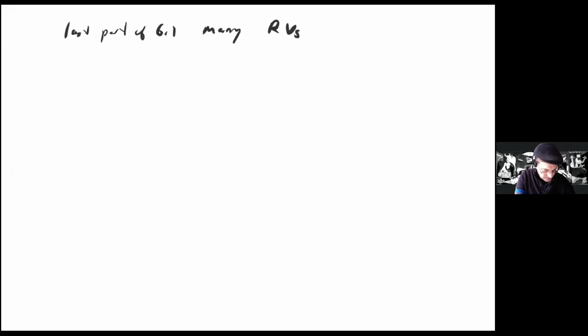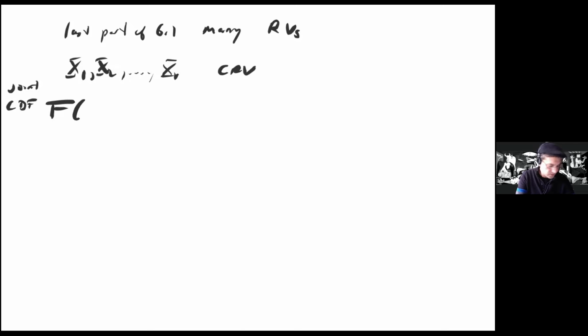So you have a bunch of them, say x1, x2, etc., xr. And these are continuous random variables. And what you have is you can talk about the joint CDF in that case. It's just a generalization of what we did with n equals r equals 2.